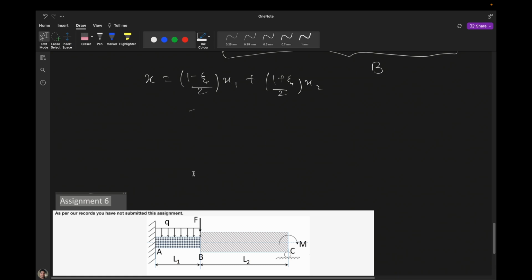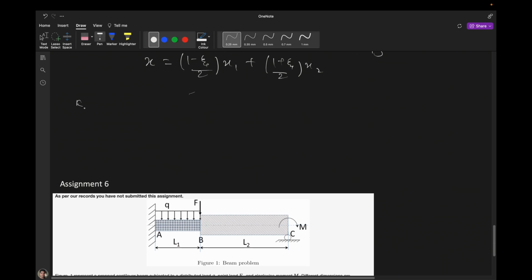After substituting everything, we get the elemental stiffness matrix, which is E I Le by 2, integral from minus 1 to 1 of B transpose B d zeta.